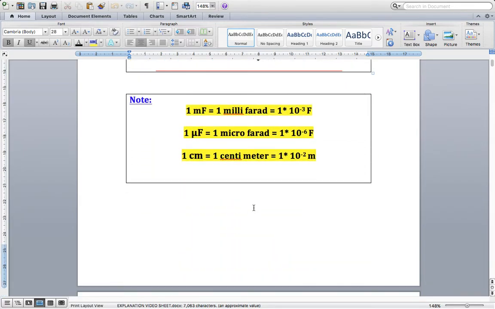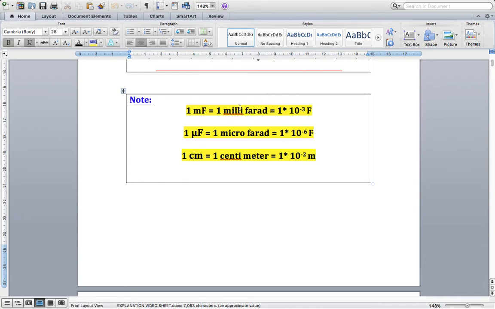This is an important note: you should know these three important facts while dealing with the end of the term exam. If in a question paper it is given 1 mF, this will be read as 1 millifarad. F is farad, and this is the unit of capacitance.